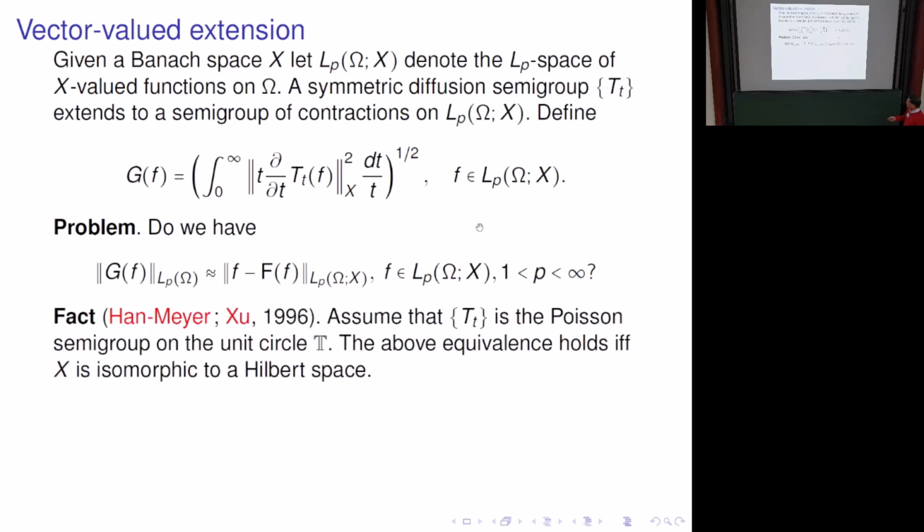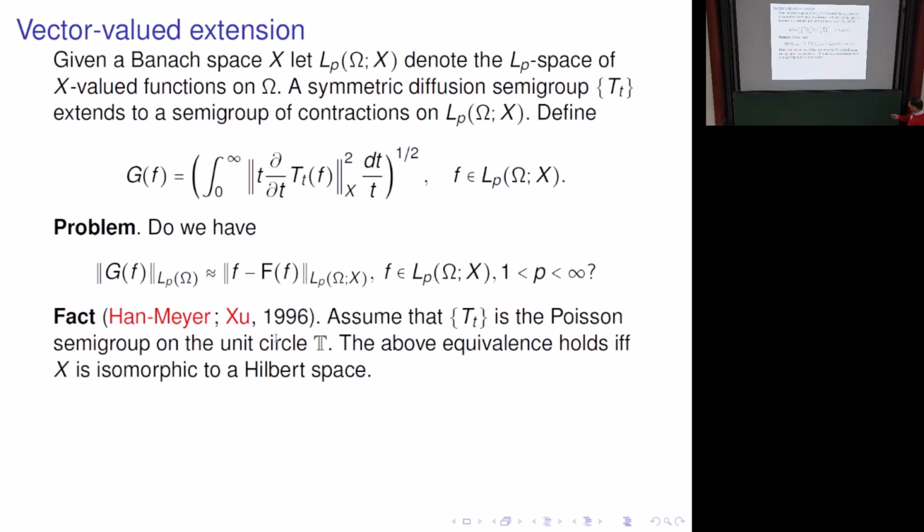Okay? So this problem, the answer is in fact very easy. In some sense, it's very easy after some work. So we can show, in fact, in this case, this equivalence holds for the Poisson semigroup, for example, the Poisson semigroup on the unit circle, if and only if X is isomorphic to a Hilbert space. Okay.